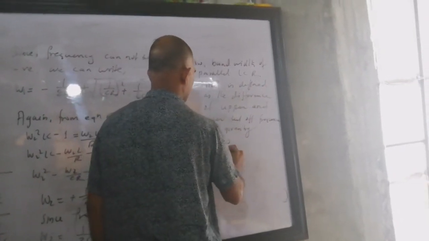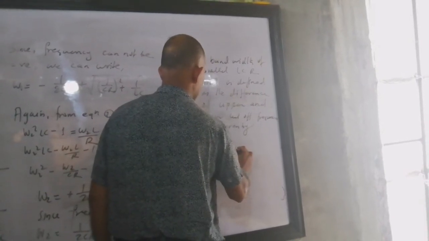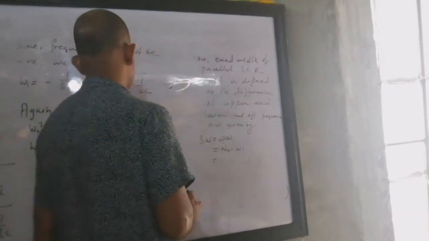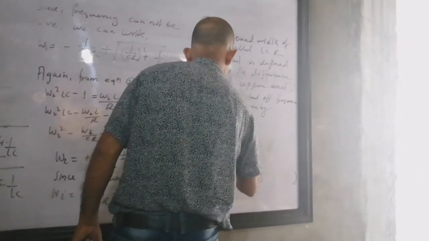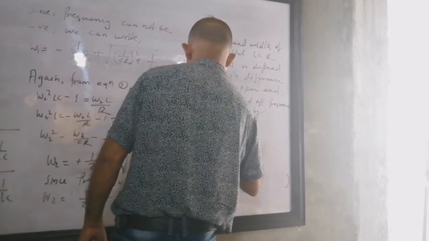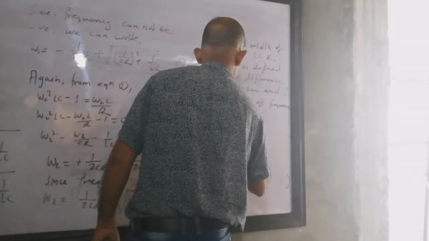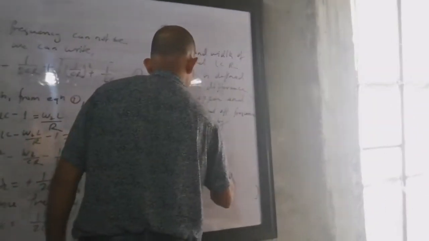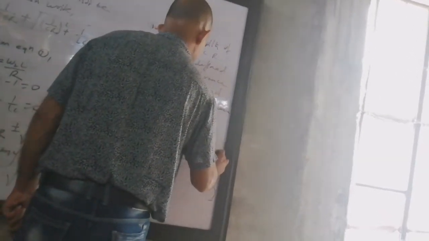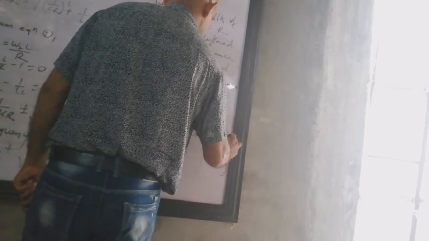So I can write delta omega equals, of course, omega 2 minus omega 1, and we know the value of omega 2. Just now we got the value of omega 2 as 1 by 2CR plus root under (1 by 2CR) whole square plus 1 upon LC, and then minus omega 1, so there is already minus plus and then minus 1 by 2CR, and the same term root of (1 by 2CR) whole square plus 1 by LC.